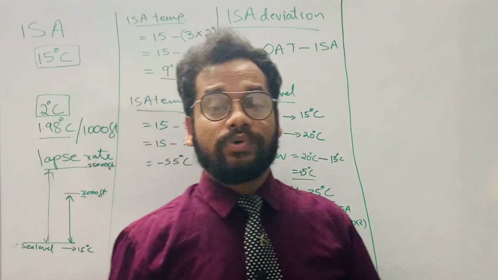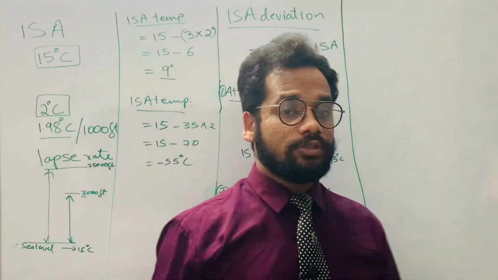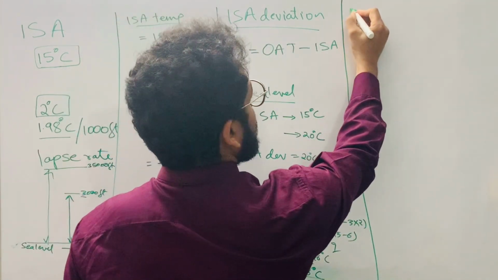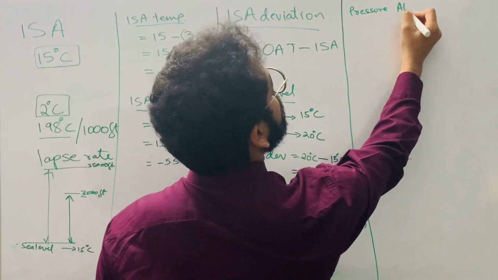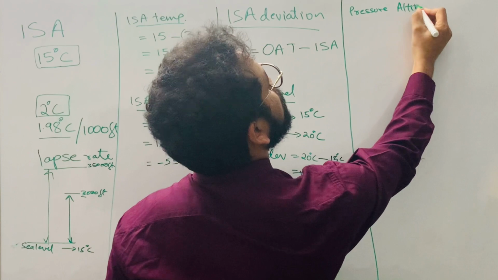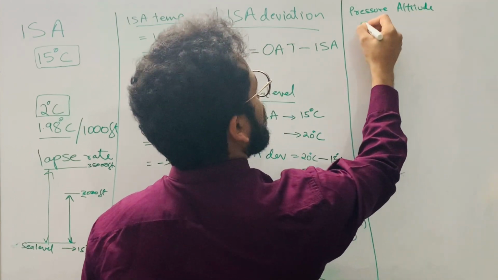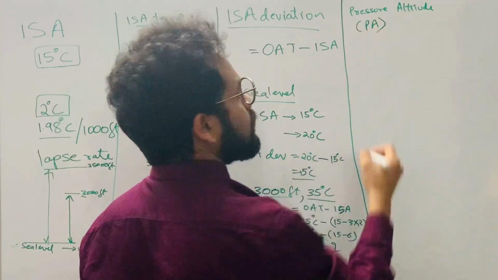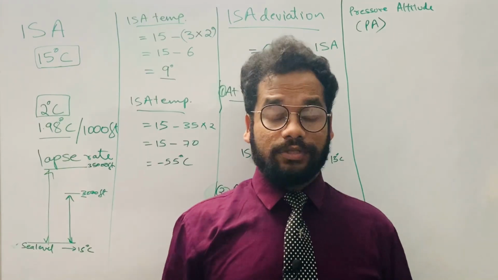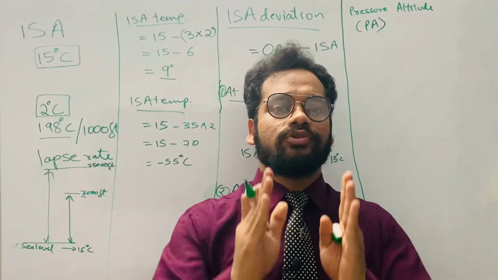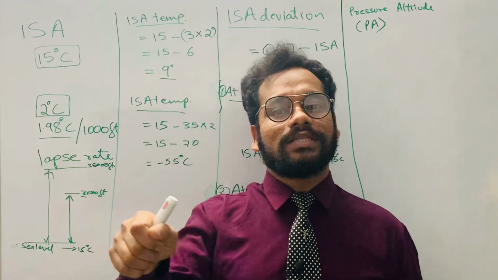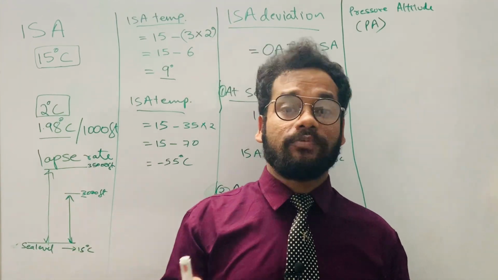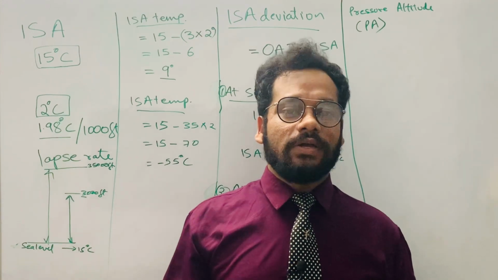Now what we are going to discuss is about the pressure altitude. So I am writing pressure altitude, or PA. Now what is pressure altitude? Pressure altitude is that altitude which you see on the altimeter whenever you set the altimeter to 1013 hectopascal or 29.92 inches of mercury.